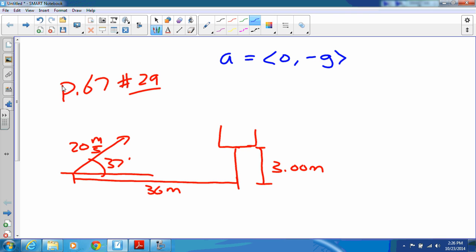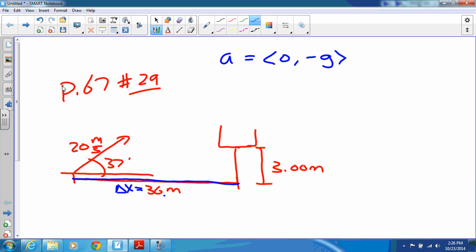The second thing is that as we put these quantities into our diagram, we want to label them. The 36 meters that we're talking about is the distance that the football is going to travel here. And that's going to be a delta x. And the 3 meters is the height that we would like the football to be at.